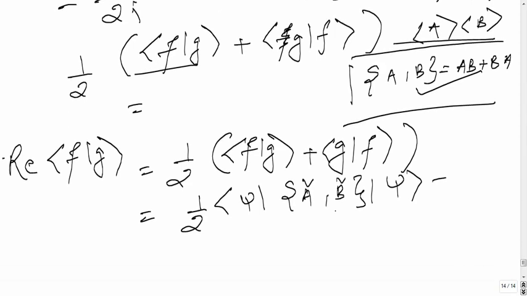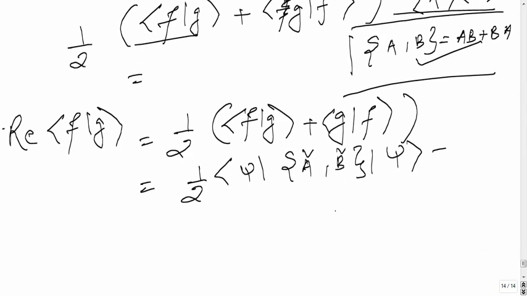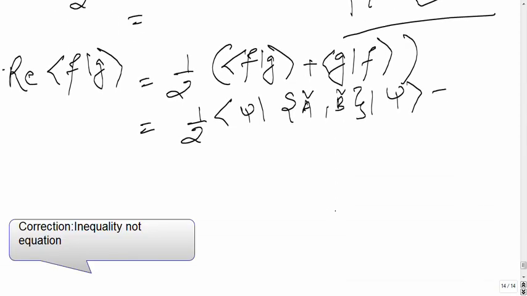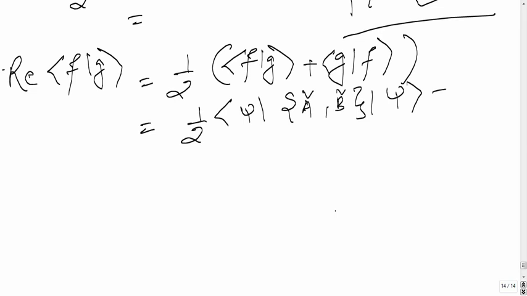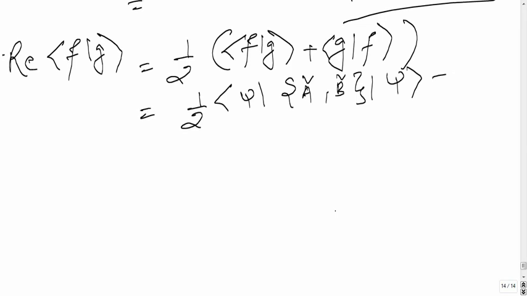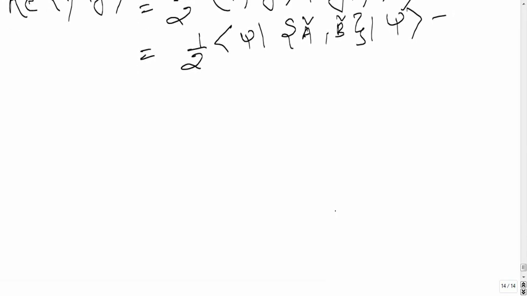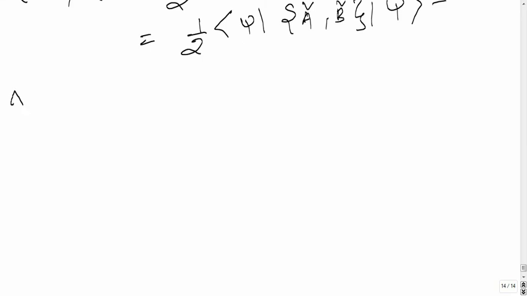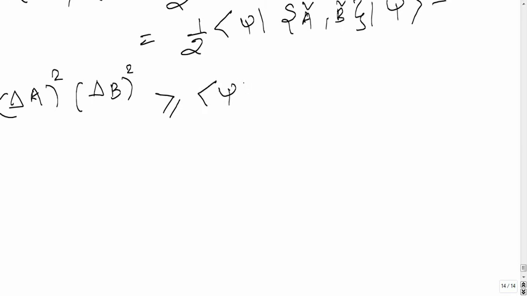Putting this expression back into the equation, we obtain from the Schwarz inequality that the variance of A squared times the variance of B squared is greater than or equal to the imaginary part of the inner product of f and g, which we have obtained, is equal to this, plus the real part of the inner product between f and g, which we have obtained.